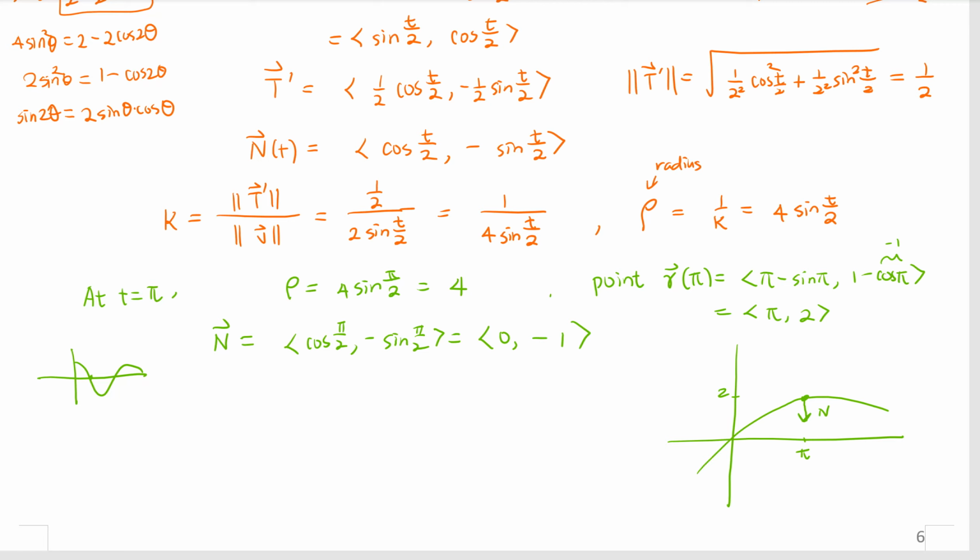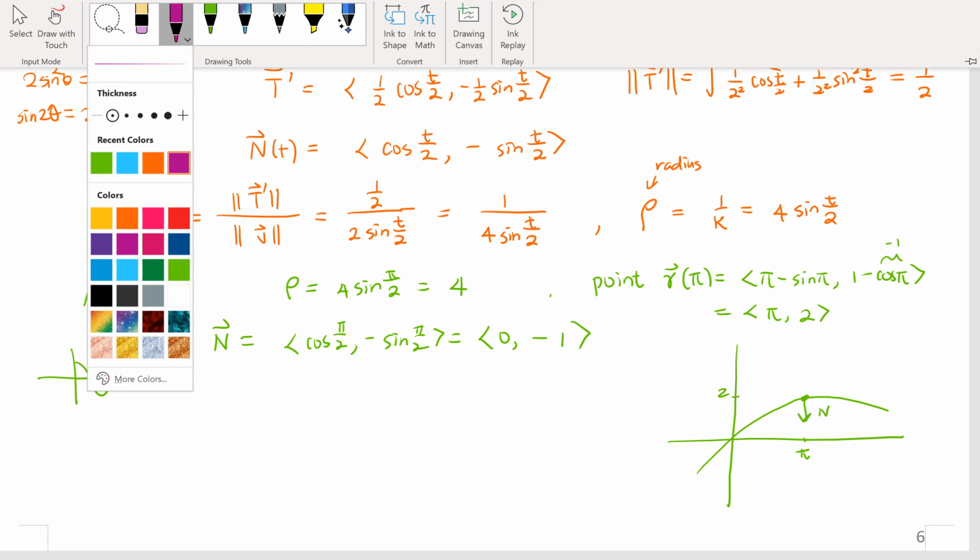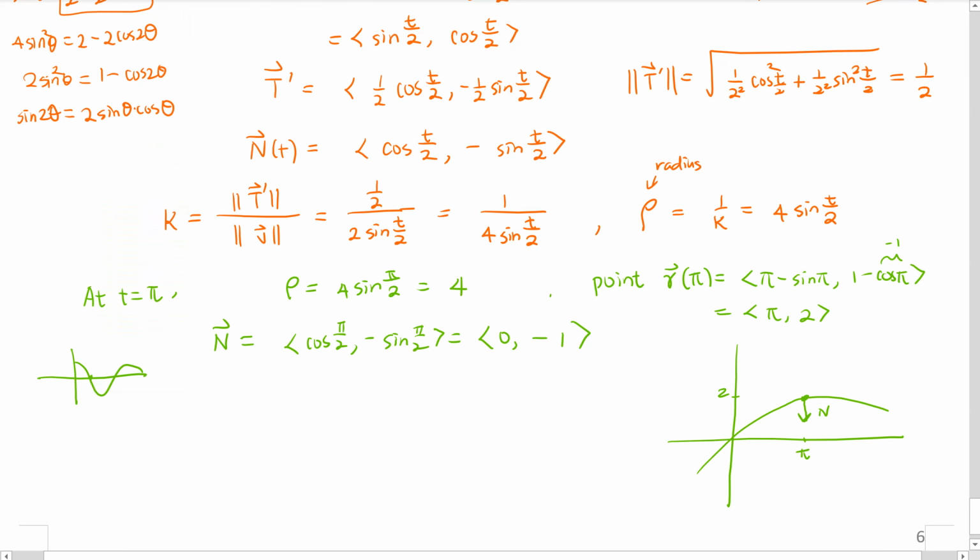Okay, now how do we find the osculating circle? Okay, so we know the radius, right? The radius is 4 and is in the direction of the principal unit normal vector. So it's in this direction, right? It's going down, and it's going down 4 units.